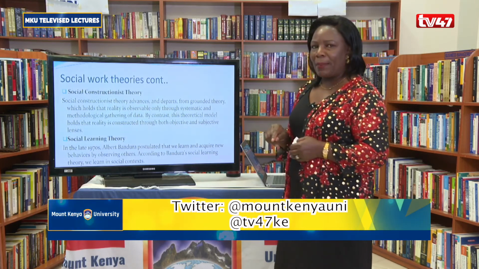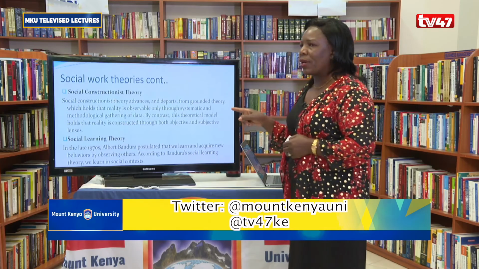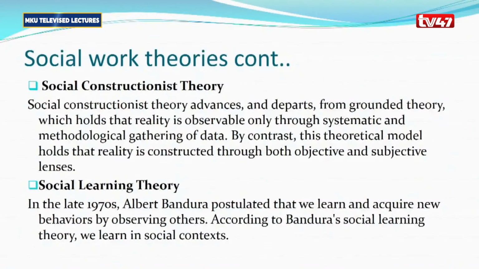And when we are talking about social constructionist theory, we are saying as a society, we are actually able to have our social constructs. We are able to come up with things that can pass the test of time. All right? The food that we use, the clothing that each person wears, or our culture, it's us who said, okay, you need to do it this way and not the other way.